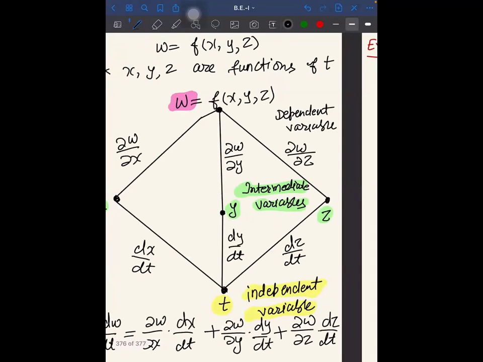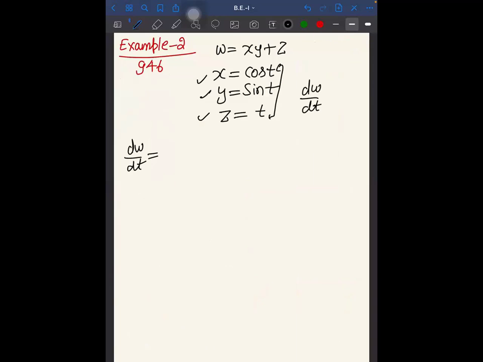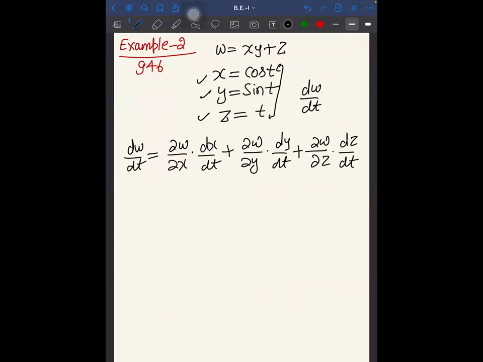So we read this chart and determine the things. We want to find dw by dt, so that would be curly w upon curly x into dx by dt, plus curly w upon curly y into dy by dt, plus curly w upon curly z into dz by dt. Are you with me on this?